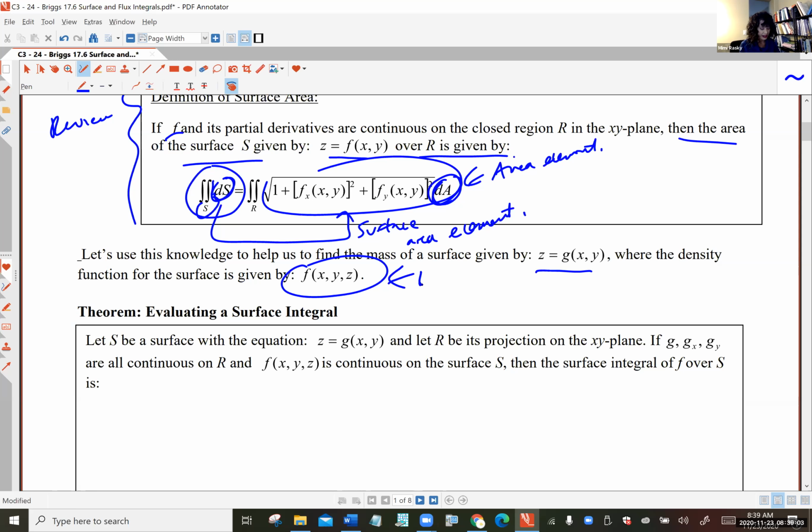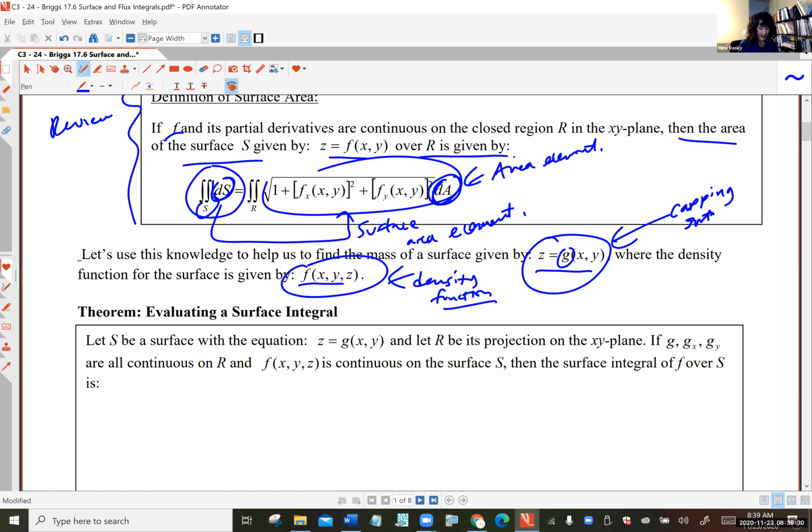So keep in mind, this is the density function, and it's a function of 3 variables. And this right here, we're going to change its name. Back when I first covered the surface area stuff, we used f. But we're going to use f for the density function. Let's change the surface to be a function g of xy instead, if you don't mind.